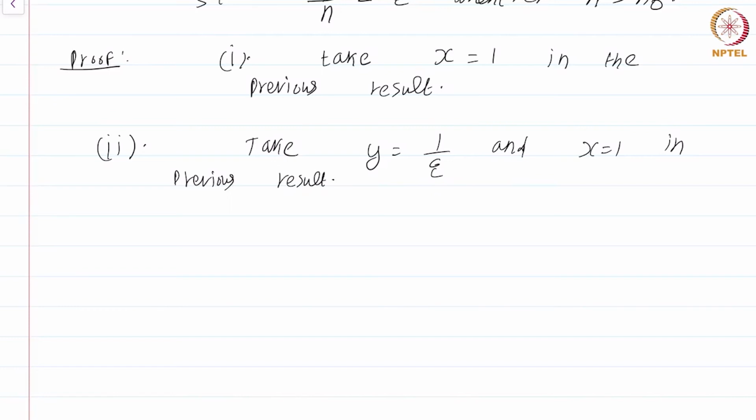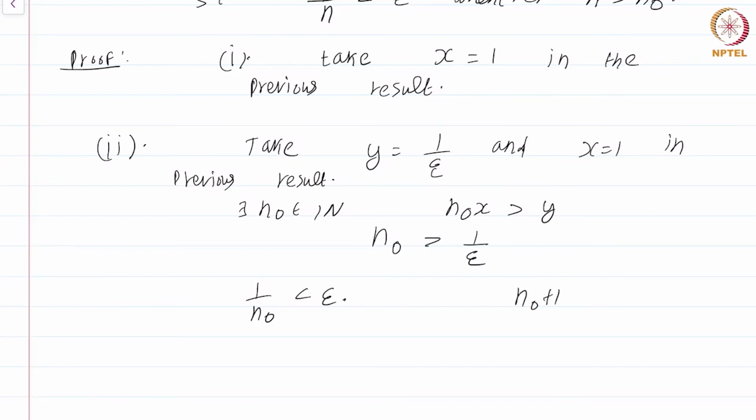So what you get out of the previous result is that there exists n naught in N such that n naught x is greater than y, or in other words, where x is 1 now, n naught is greater than 1 by epsilon. Or in other words, 1 by n naught is less than epsilon.